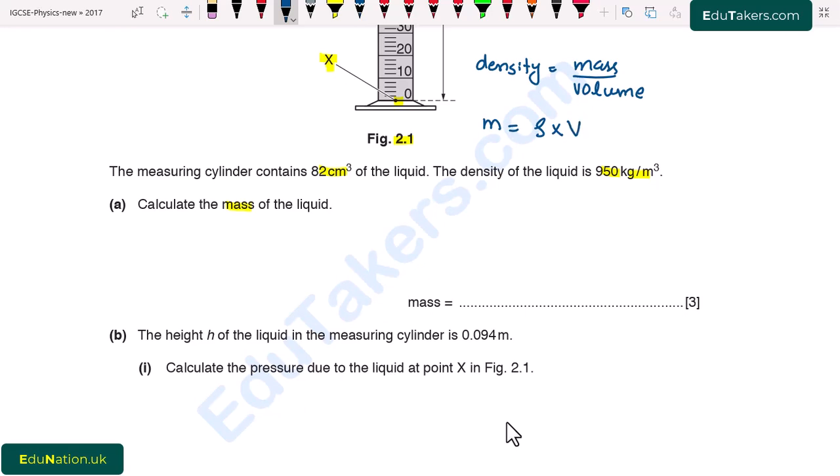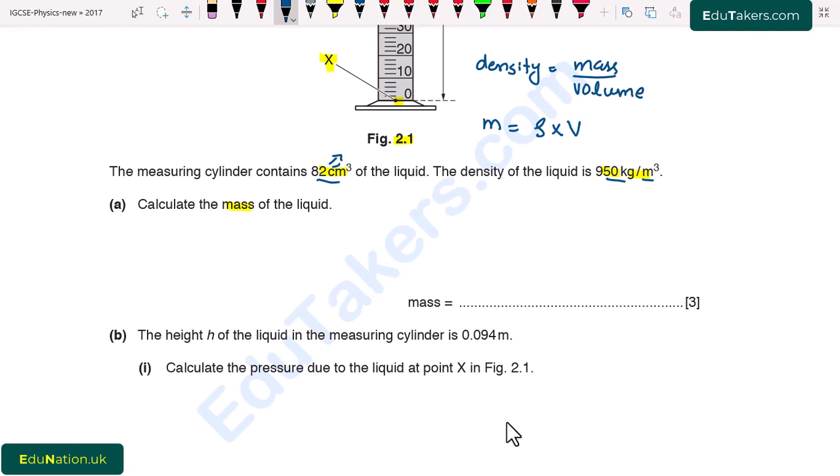So first of all, here we can see that the volume is given 82 centimeter cube, and we have to convert this into meter cube because the unit of density is kilogram over meter cube. So we have to convert 82 centimeter cube into meter cube.